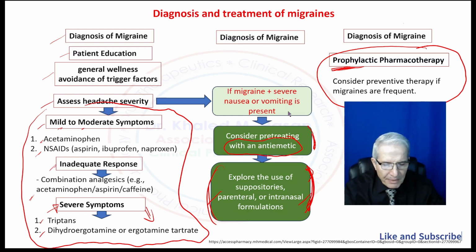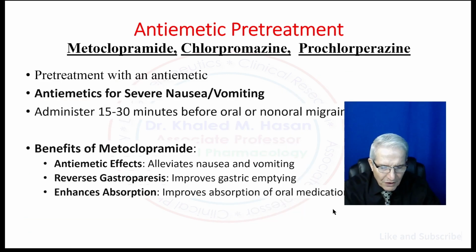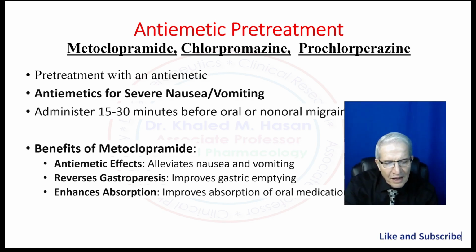Okay, regarding the patient who suffers from nausea and vomiting, as you can see in this slide, if the patient has migraine with severe nausea and vomiting, we have a different approach. We consider antiemetic medications. We have metoclopramide, Reglan, chlorpromazine, and prochlorperazine.